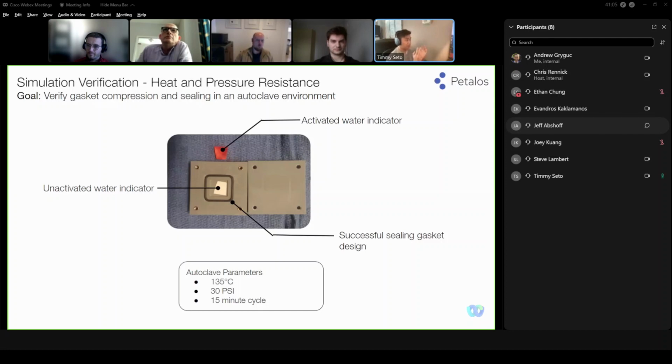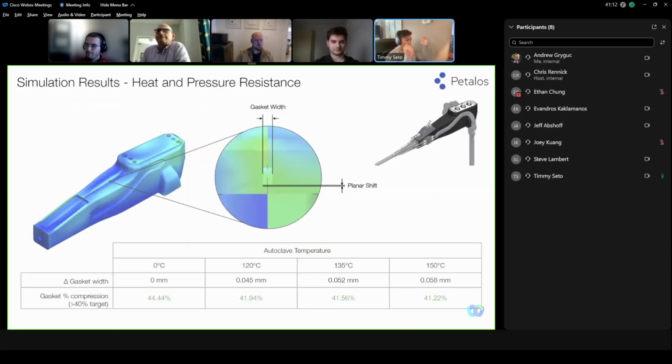So we were looking for the growth in that gasket groove over a sweep of temperatures, which is the data on the previous slide. Okay. Yeah, so you can see we start out with 44%-ish compression at 0 degrees, and then we did a sweep of simulations over different temperatures to see how much the gasket decompresses.